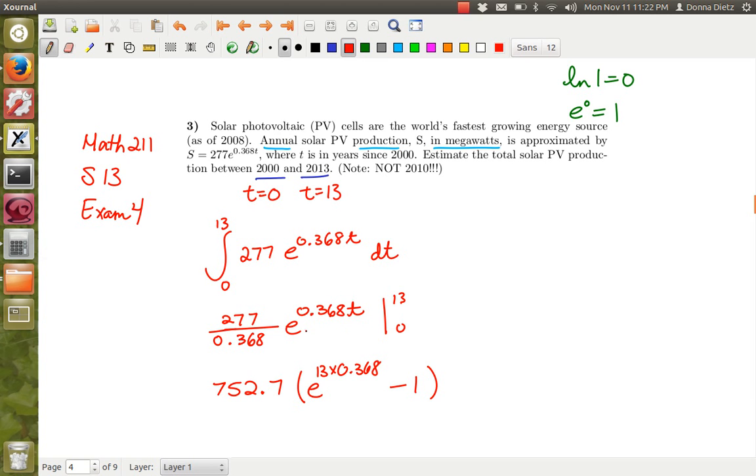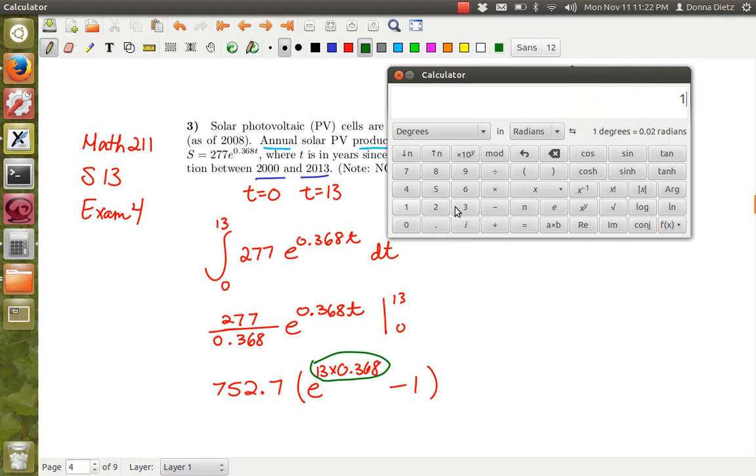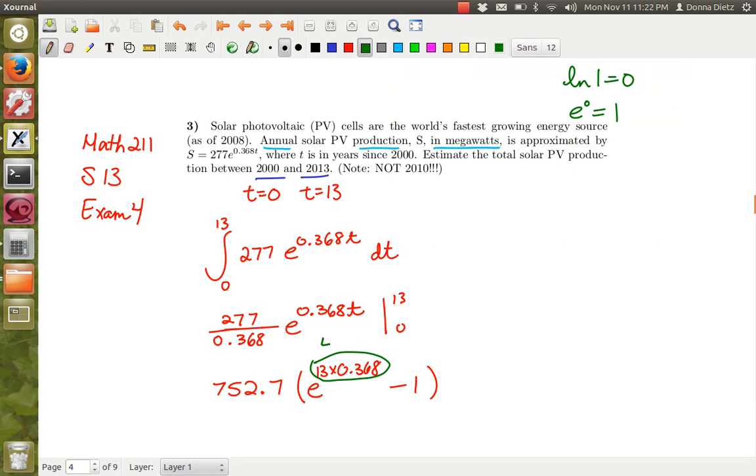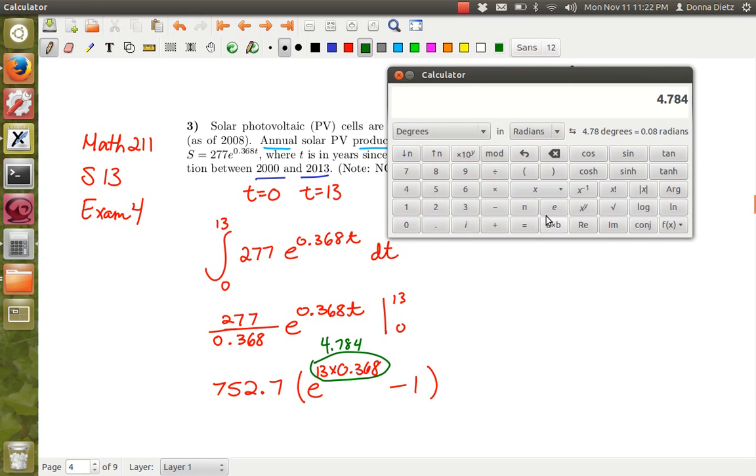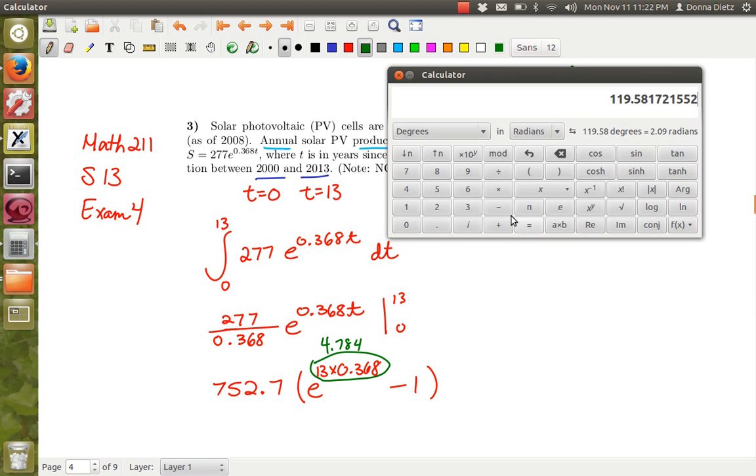Okay. So let's figure out what this exponent is right here. 13 times 0.368 gives you 4.784. Okay. Then we can go ahead and say e to the power of 4.784 equals... minus 1.